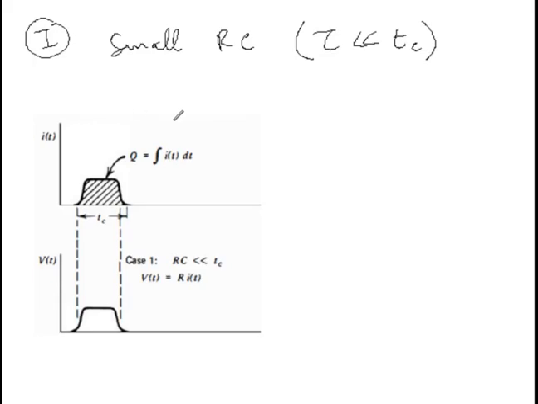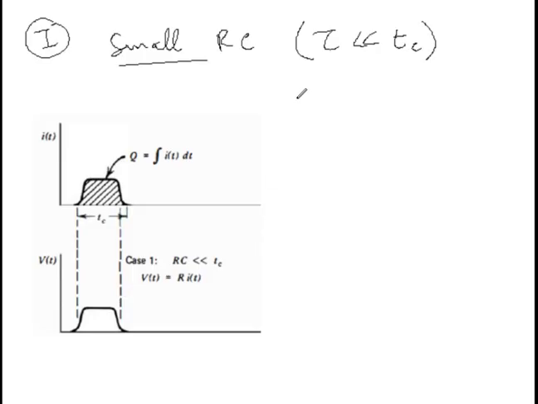This is the current output from the hypothetical detector. This we started with. And this is the first case here, the small RC case. So the signal voltage, you can see the shape when we consider a small time constant load circuit.